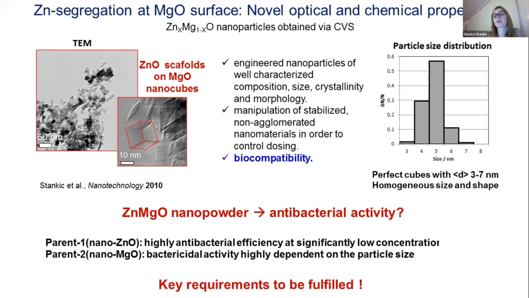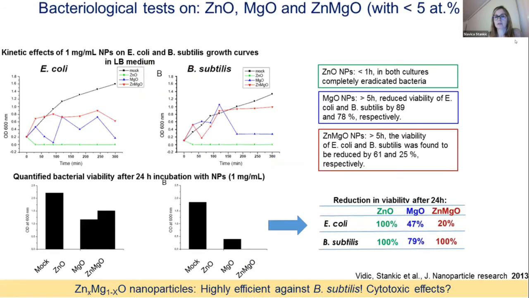Looking at the TEM images and particle size distribution, we see that those cubes are promising candidates, since they are perfectly cubic. They are uniform in terms of size and shape, because they are perfect cubes between 5 and 7 nanometers.